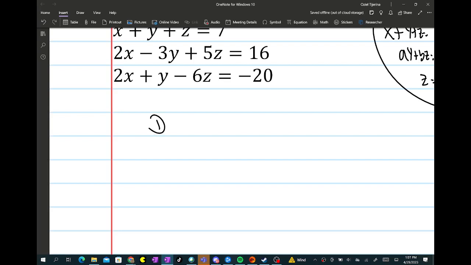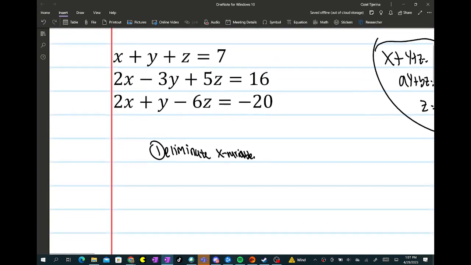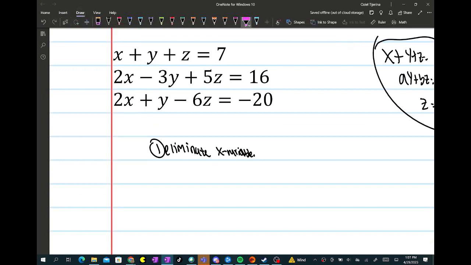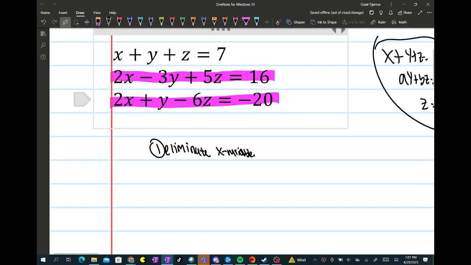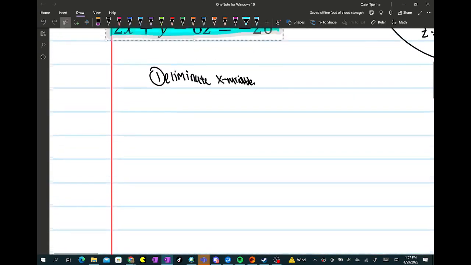So number 1, eliminate the x variable, not x-axis, x variable. To do this, I'm going to grab these two equations and write them over here in the space down here.